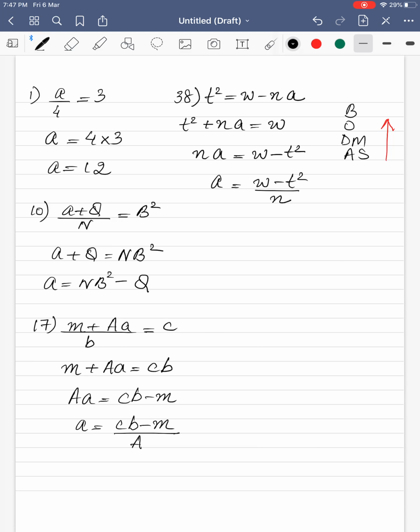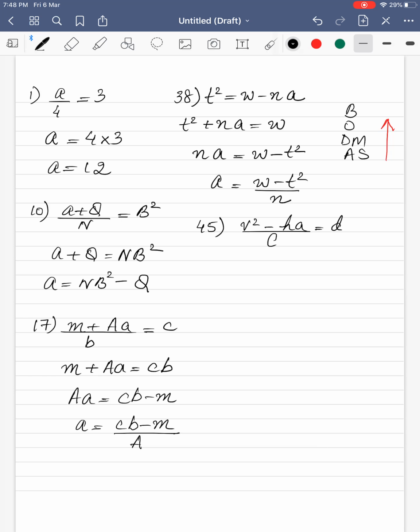Let's try question number 45. We have (v square minus ha) divided by c is equal to d. Now again, we have an invisible bracket here, so we'll do the bracket part last.